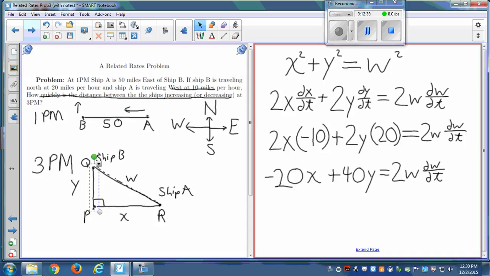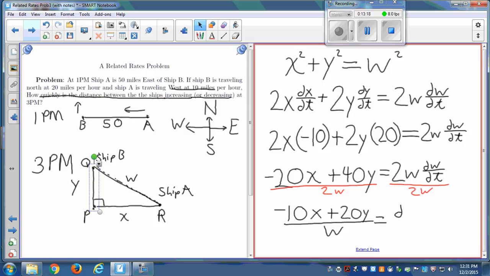And then finally, I can divide both sides by 2w, to get (-10x plus 20y), all divided by w, equal to dw/dt.